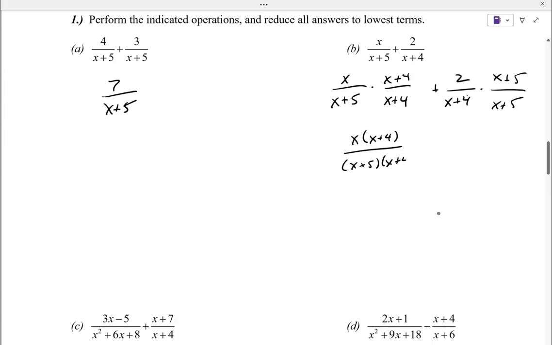So the first fraction is x times x plus 4 over x plus 5 times x plus 4. The second fraction is 2 times x plus 5 times x plus 5 over x plus 4. That okay?